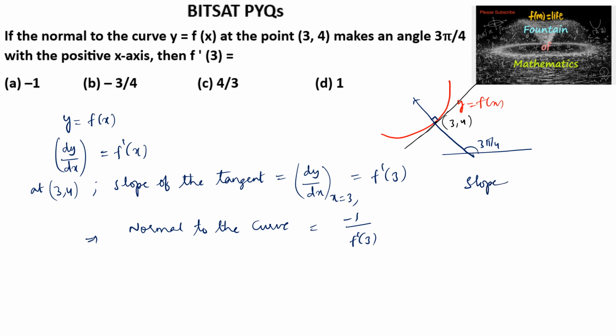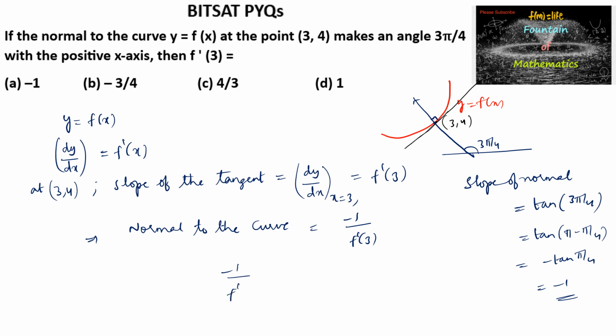So we can write slope of normal is equal to tangent of 3 pi by 4, that is tan of pi minus pi by 4, which is equal to minus tan pi by 4, which is negative 1. So slope of normal is minus 1. So we can write minus 1 by f dash of 3 is equal to minus 1, which implies f dash of 3 is equal to 1 by cross multiplication. So we can go with option D. f dash of 3 is equal to 1.